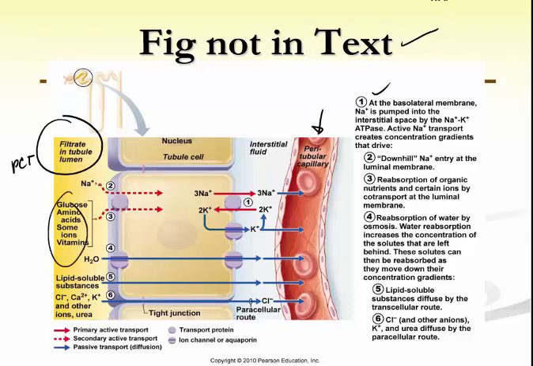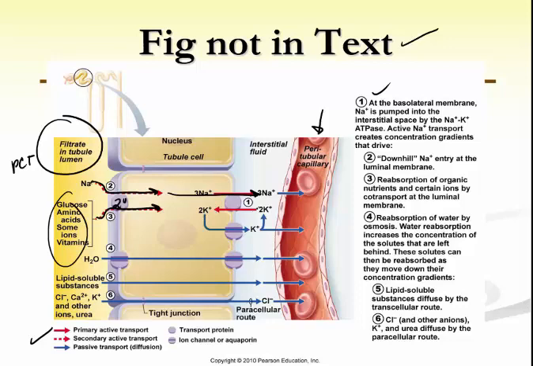Glucose, amino acids, vitamins, ions, and so forth are going to do a secondary active transport, your little key is down there, into the cell along with sodium as a co-transporter. That sodium is going to be dealt with your sodium-potassium ATPase, so that requires energy.